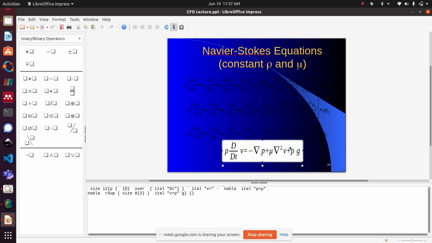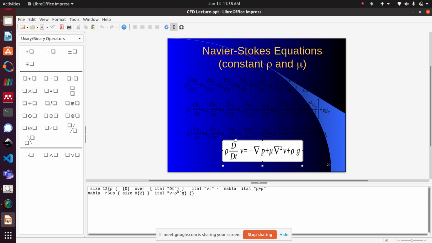There are 1,000 different ways you can write it, and you'll be seeing it very often in any fluid mechanics course. So this is the basic equation. It's kind of Newton's law: net force is equal to mass times acceleration. On the left side you have rho multiplied by the total derivative of velocity.